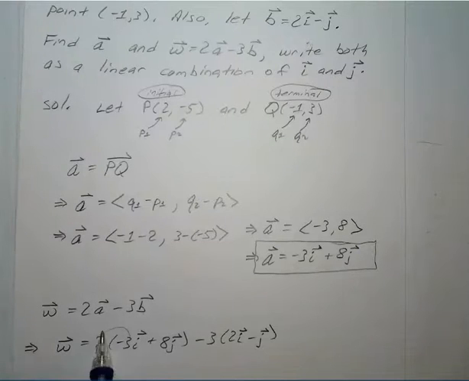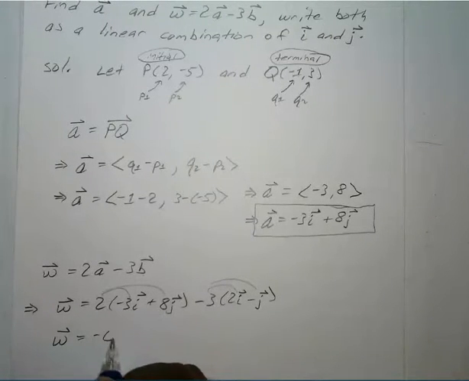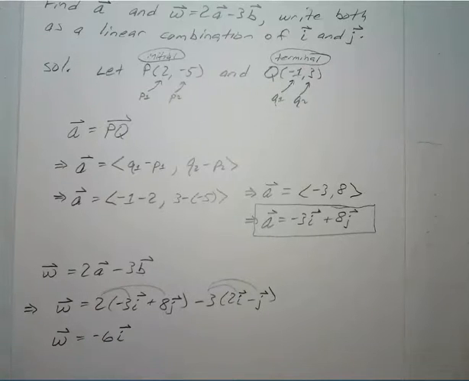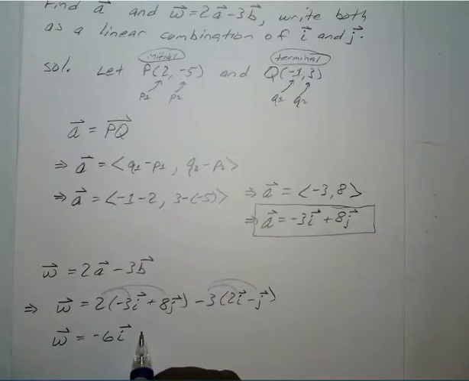So all we do really here is just go ahead and distribute our scalars. W vector is equal to 2 times -3 is -6 I vector. 2 times 8 is plus 16 J vector.